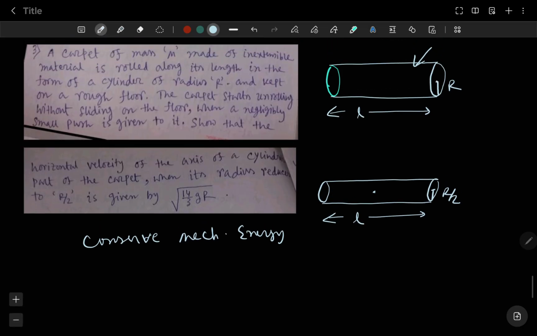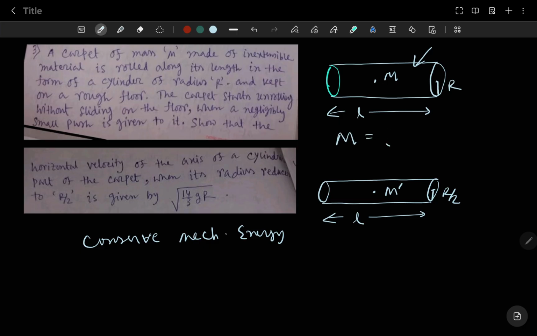But before that, suppose the mass of the carpet when it was rolled completely was m, and when it is unrolling and has a radius R by 2, the mass is m dashed. It will not be m by 2. This is what we have to calculate, m dashed. If the density is rho, then mass is density into volume.